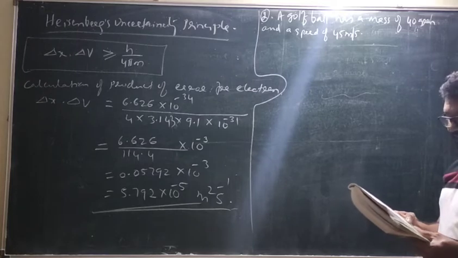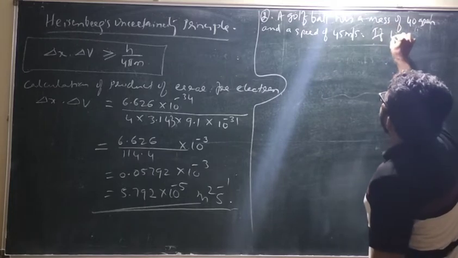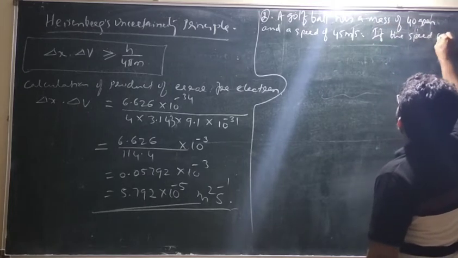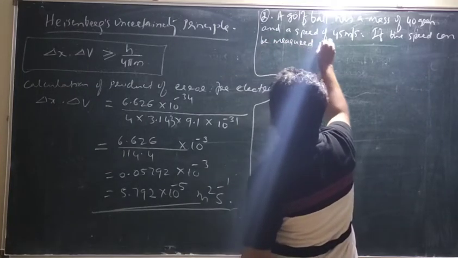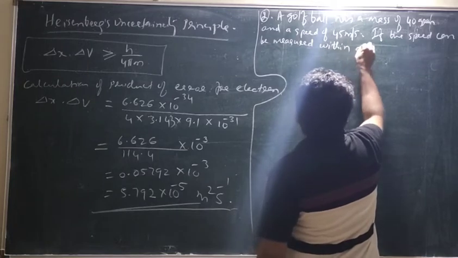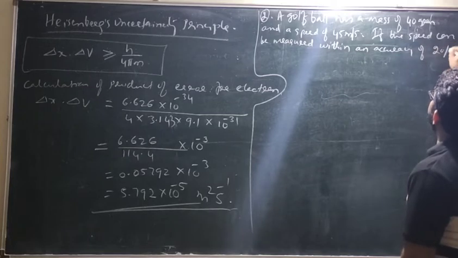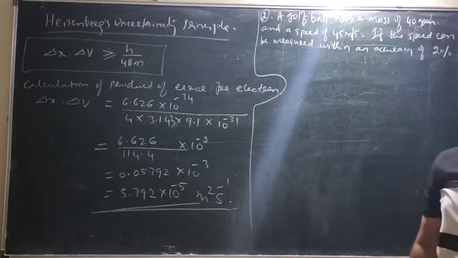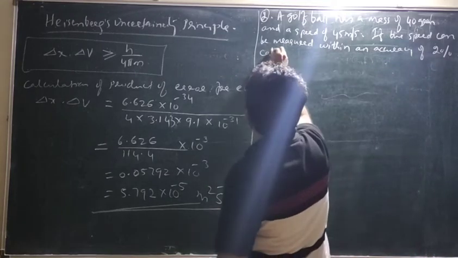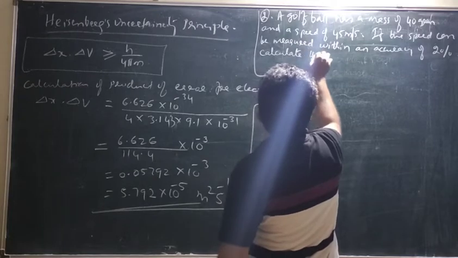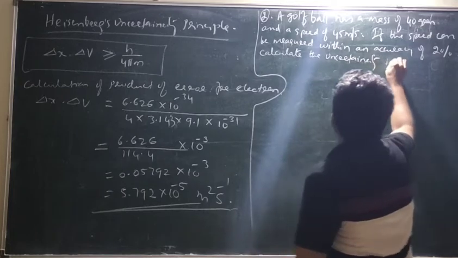If the speed can be measured within an accuracy of 2%, calculate the uncertainty in the position.